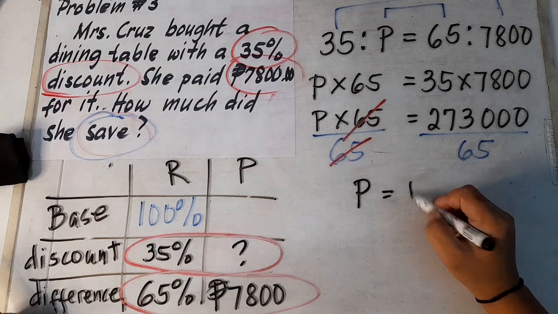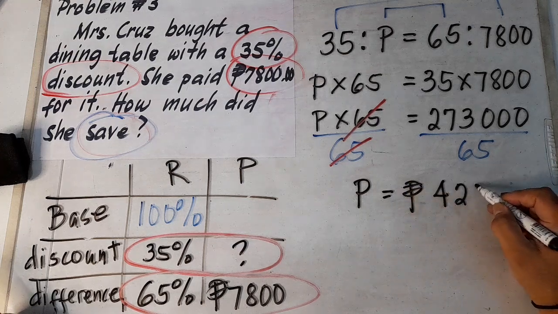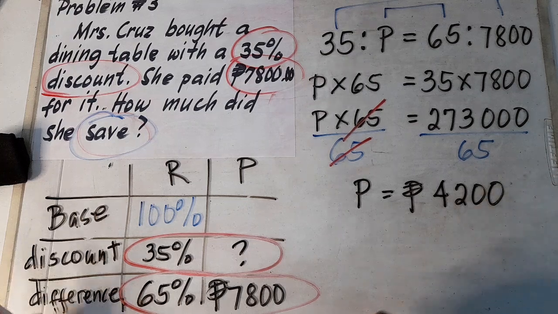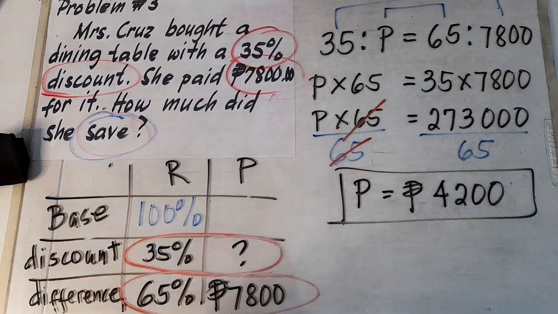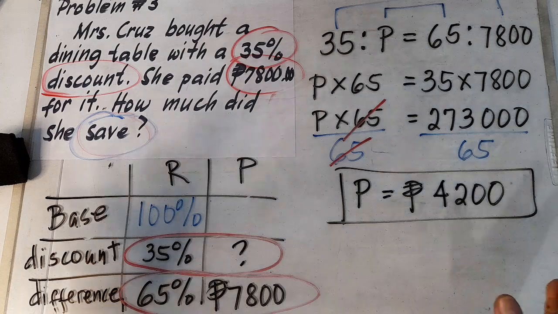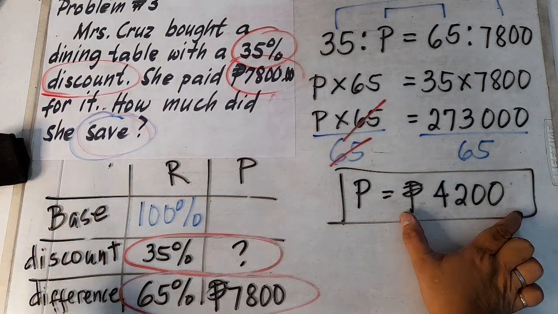That is 4,200 pesos. Okay? So, ito yung ating sagot. So, how much did she save? By buying the dining table at a discount, nakatipid siya ng 4,200 pesos.